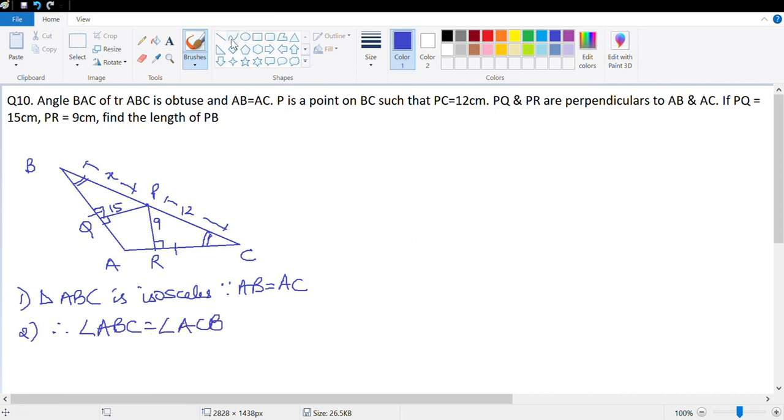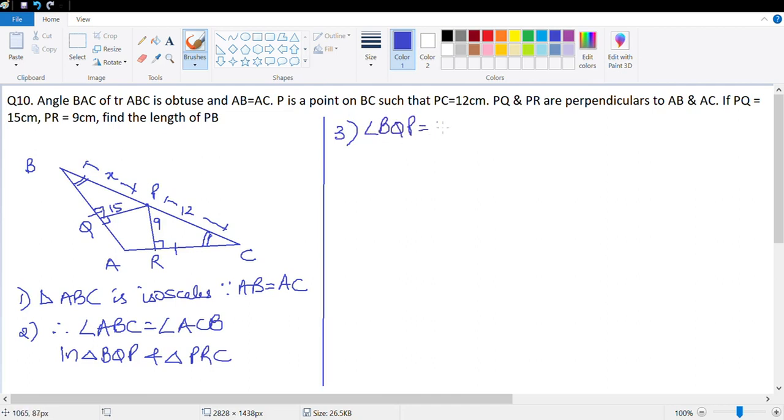Now let's try and prove these two triangles similar. In triangle BQP and triangle PRC, what do we have? Point number 1, angle BQP is equal to angle CRP is equal to 90 degree. This is given.